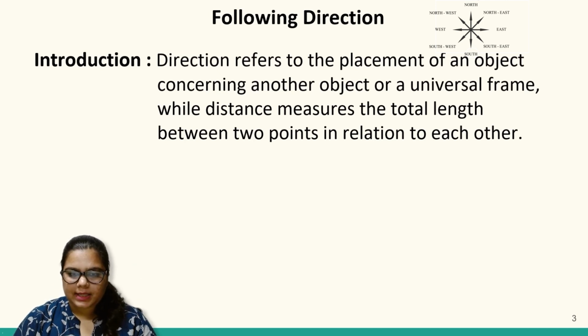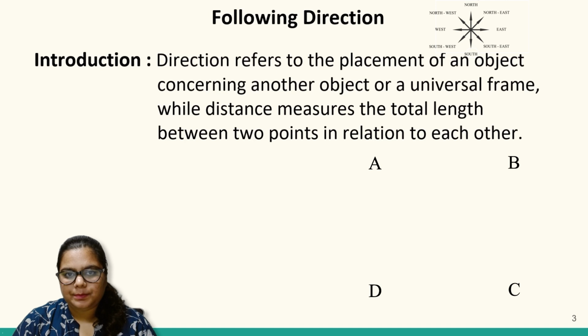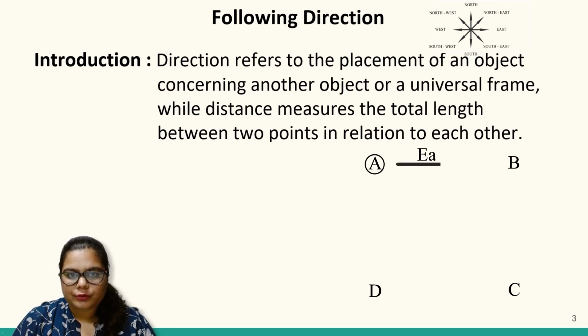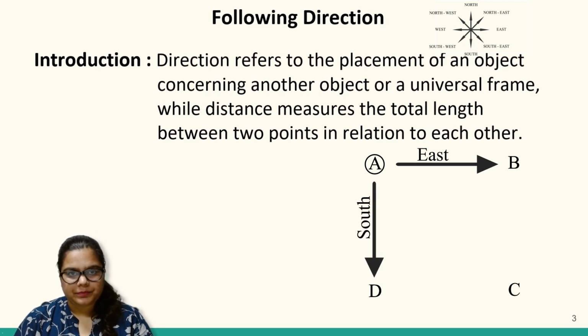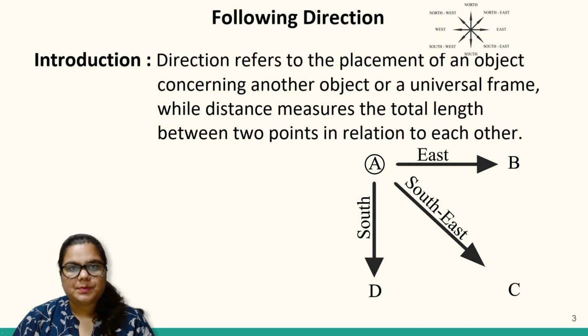Now let us say that there is a person named B, a person named C, a person named D, and a person named A. If I take the reference of A, from the point of view of A, B is to the east of A. Similarly, D is to the south of A. Similarly, C is to the southeast of A. This concept is clear with respect to A.